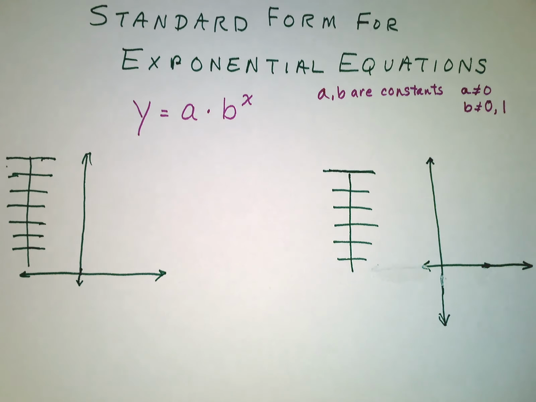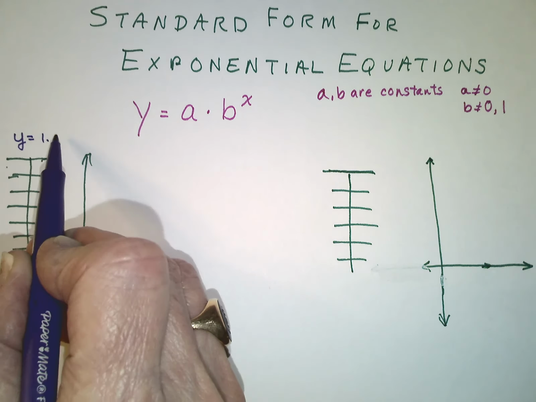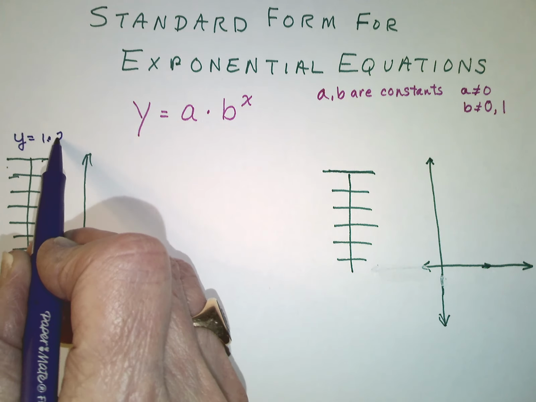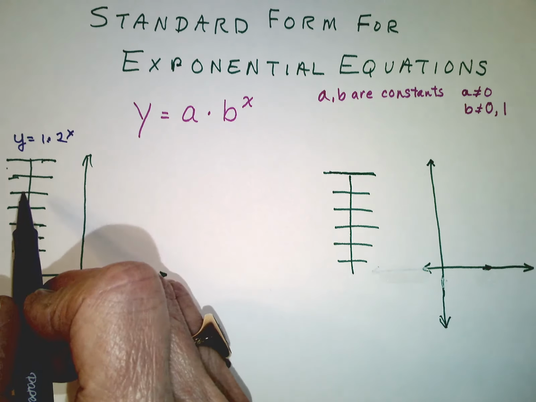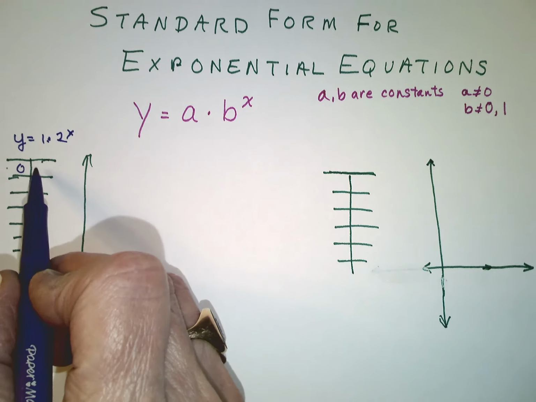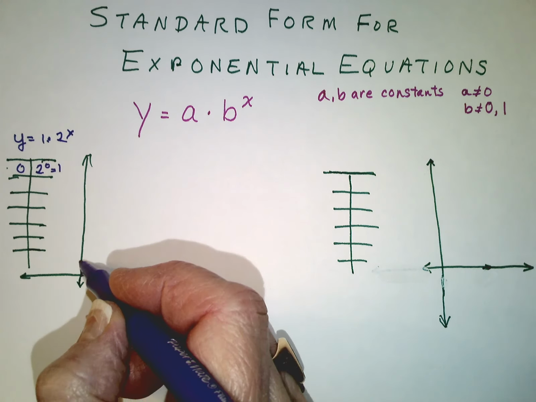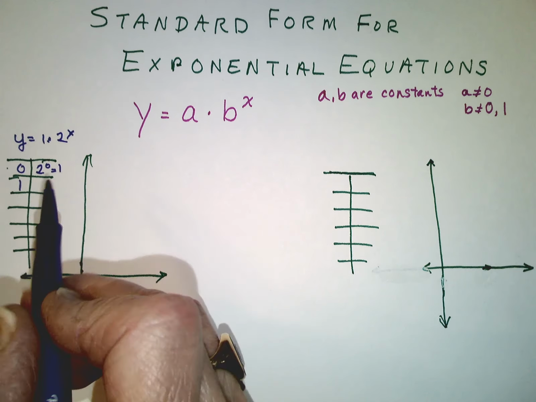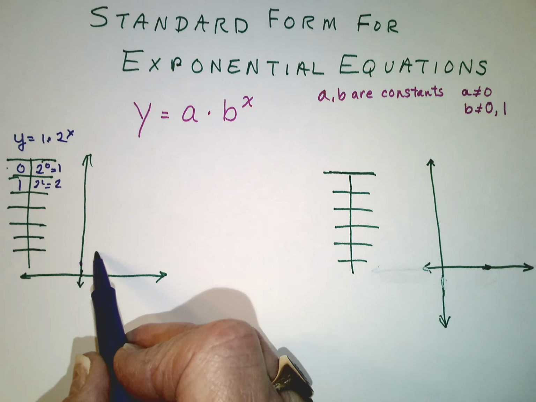We pick a really simple example. Say y equals 1 times 2 to the x. So when x is 0, we would have 2 to the 0 power, which is 1. When x is 1, we'd have 2 to the first power, which is 2.